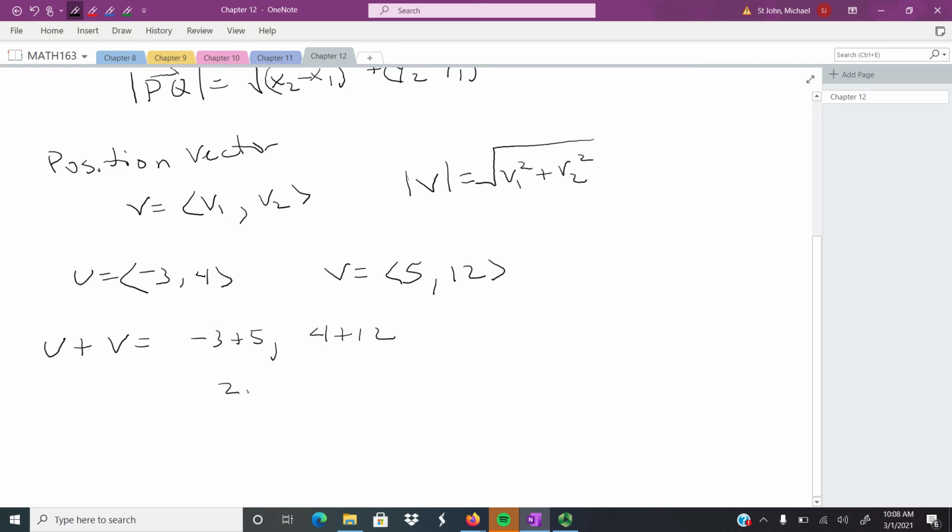So this will give us 2, 16. We could do u minus v, which will be the minus 3 minus the 5, and then the 4 minus the 12. So minus 8, minus 8.